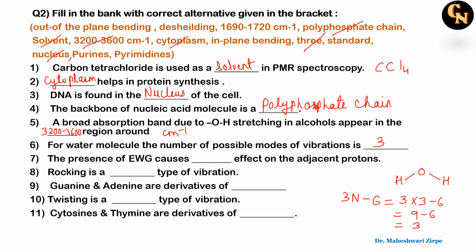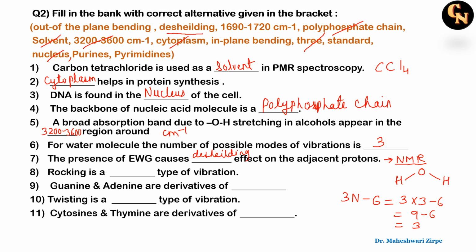This is related to NMR spectroscopy, and we have done this in much detail in our video on NMR spectroscopy. So the electron withdrawing group is going to create what type of effect? It is going to create de-shielding. So this is the correct option, de-shielding effect will be caused on the adjacent proton.